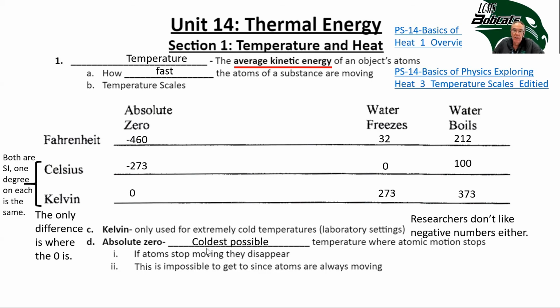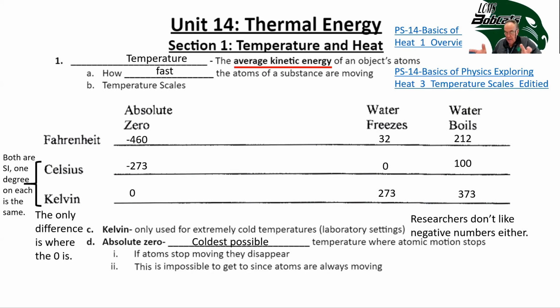Okay. Absolute zero is the coldest possible temperature where the atomic motion stops. If the atoms ever stop moving and you took all the energy out of matter, then it would disappear and have no volume. But it's impossible to get there since the atoms are always moving, and any container that we put it in has energy.